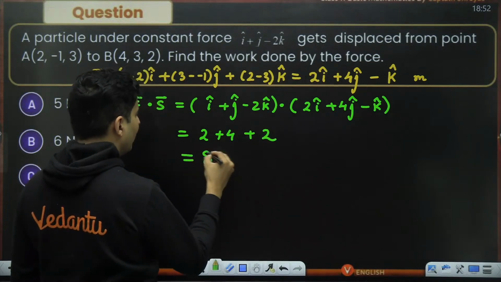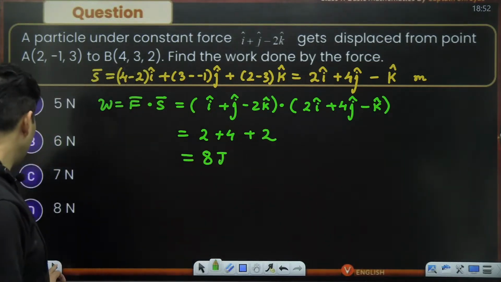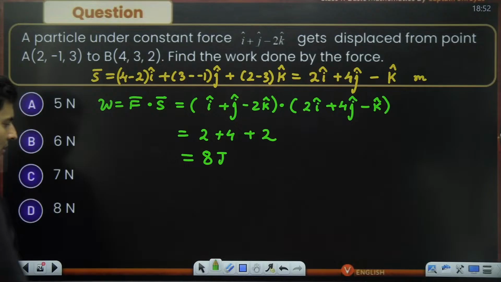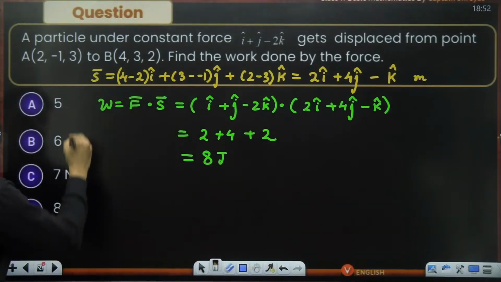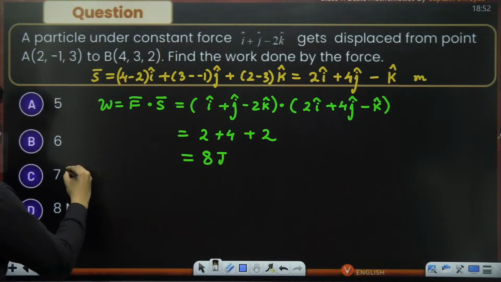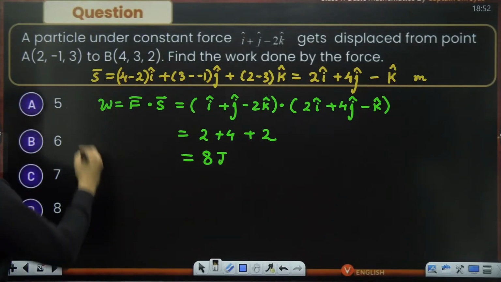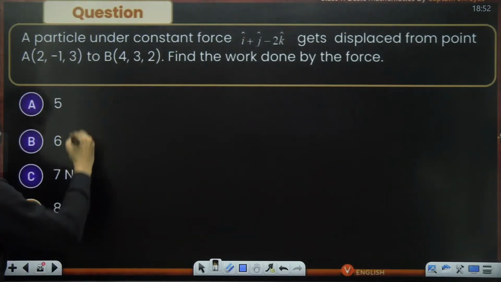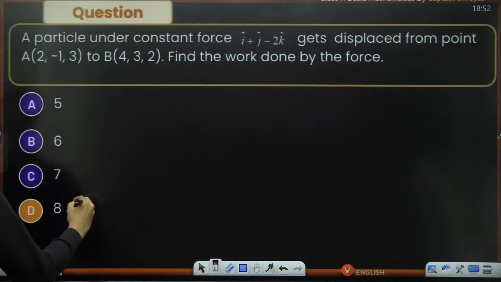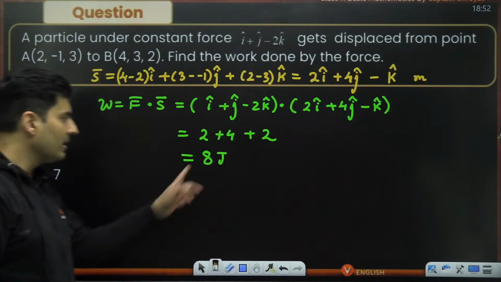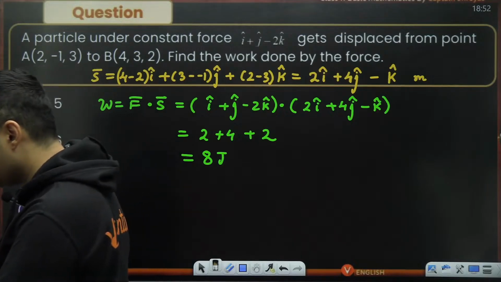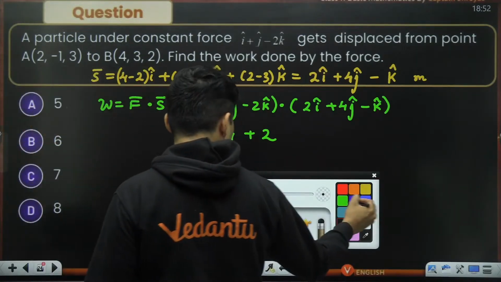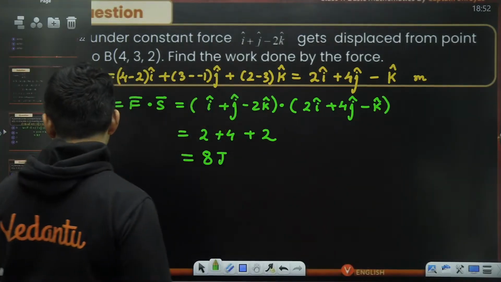So this will be nothing but 8 joules. Not Newton, it will be joules. Sorry, the units are wrongly mentioned over here, I need to correct it. So 8 joules will be the answer. Absolutely clear, my dear warriors. Perfect, this is how you can do it. Very good, Vivadi. Very good, Togo. Very good, Tanuna. Awesome. Slowly, you guys are getting the hang of dot product.